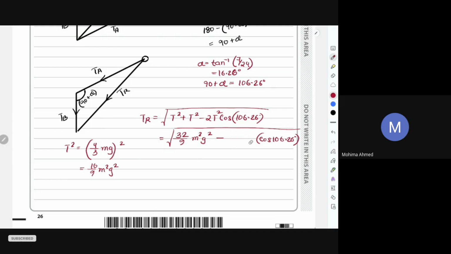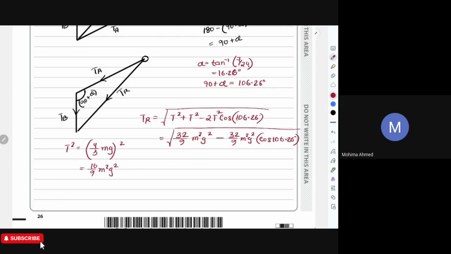So it is going to be 32 by 9 m square g square, and this angle value, right?